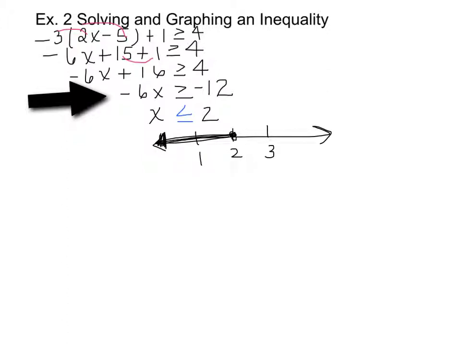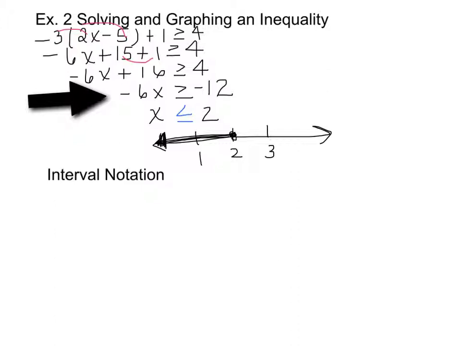Now, I'm going to introduce something that is maybe new to some of you all, but that is called interval notation. With interval notation, this is another way of us writing the solution. Now, if you notice in this problem, it says that x has to be less than or equal to 2.